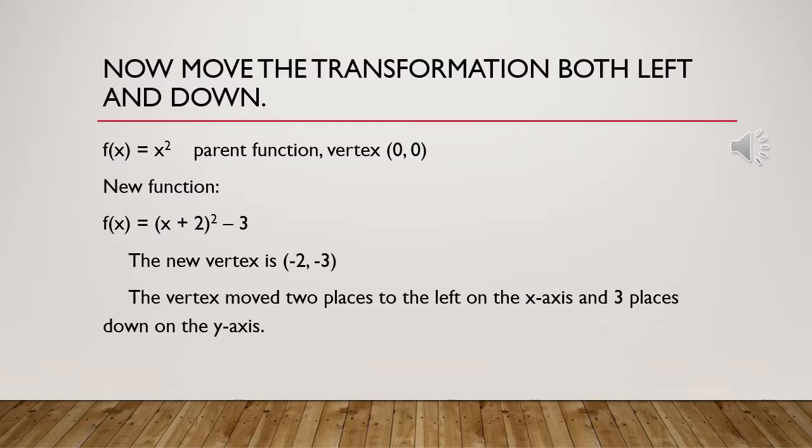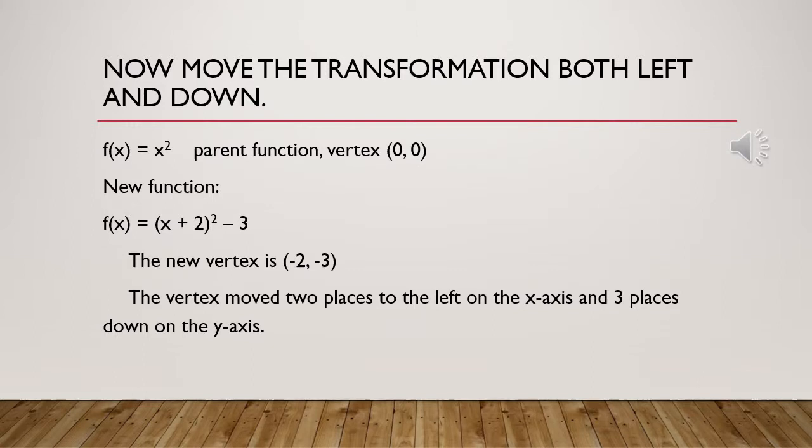Okay, now we're going to make a transformation where we move both left and down. The parent function is still f of x equals x squared, and the vertex is 0, 0. The new function reads f of x equals the sum of x plus 2 squared minus 3.